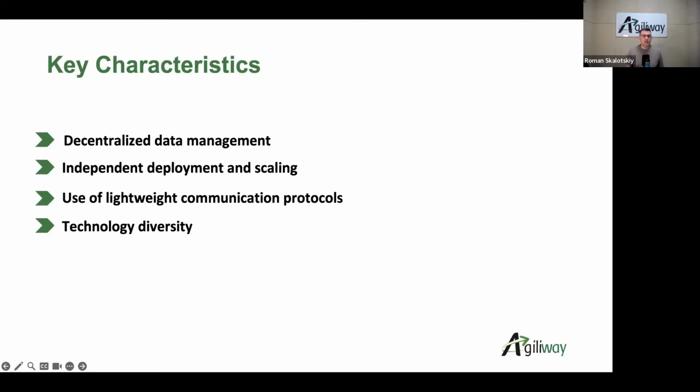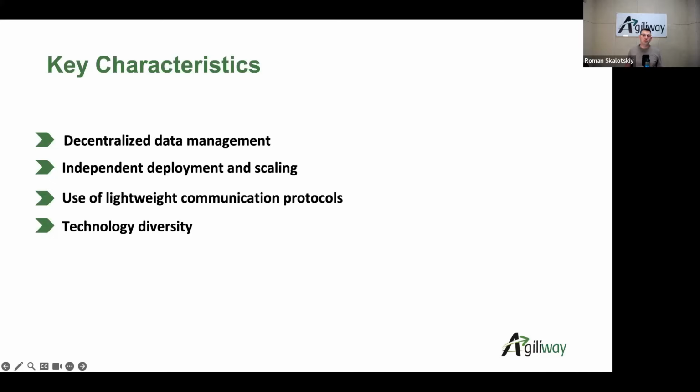And the last key characteristic is technology diversity. Microservice architecture promotes technology diversity by allowing teams to choose the most suitable language, frameworks and tools for each service, optimizing the performance, development speed, and maintainability.